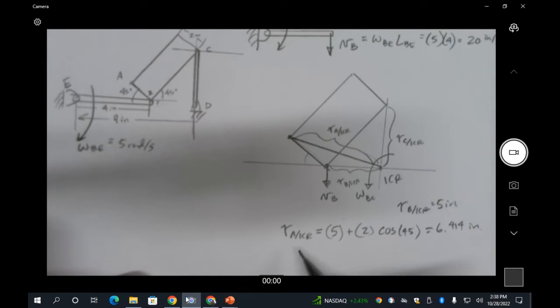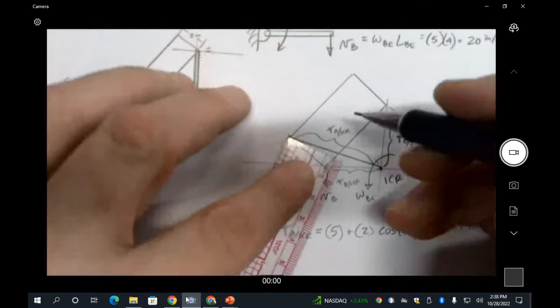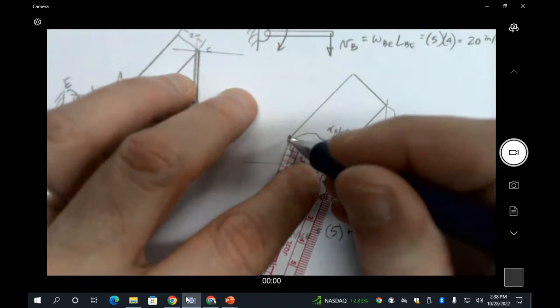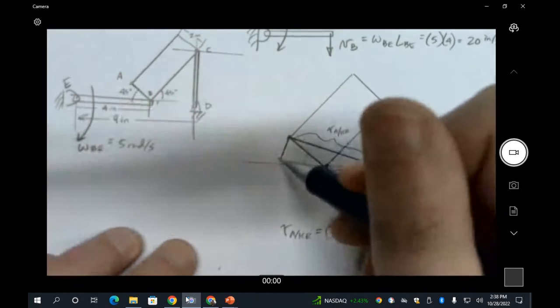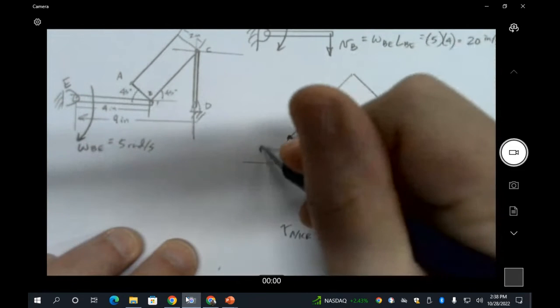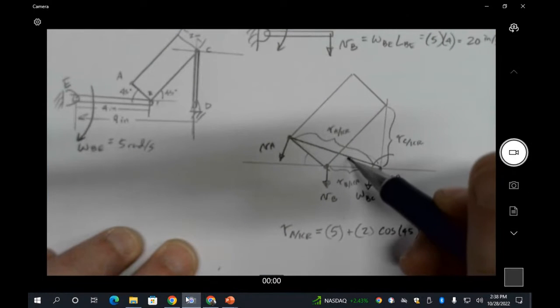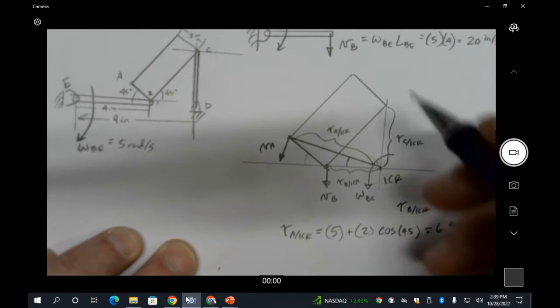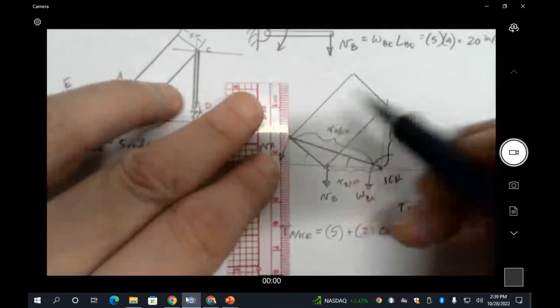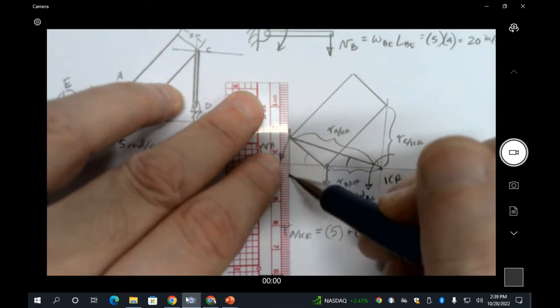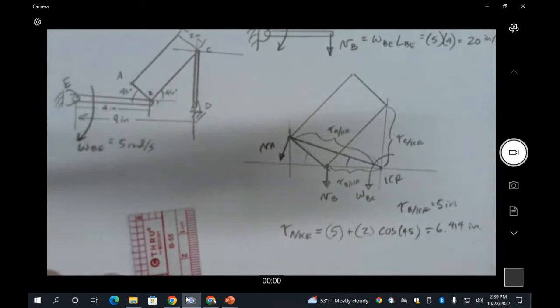And so therefore, we can draw it onto there. You can have the velocity at A. While we're here, we might want to go ahead and get this angle right there, because that's going to be the same angle as this one right there.